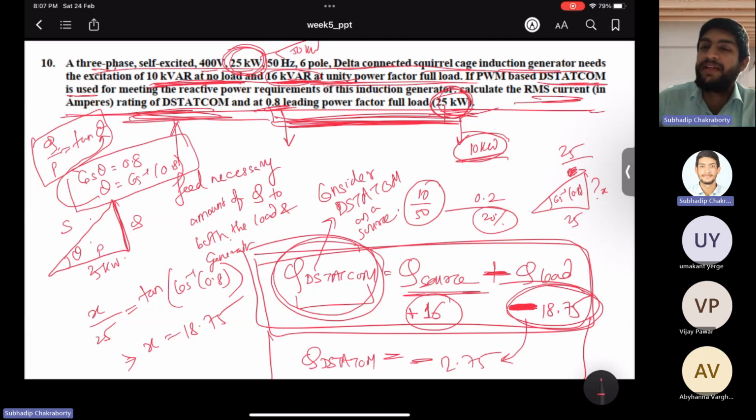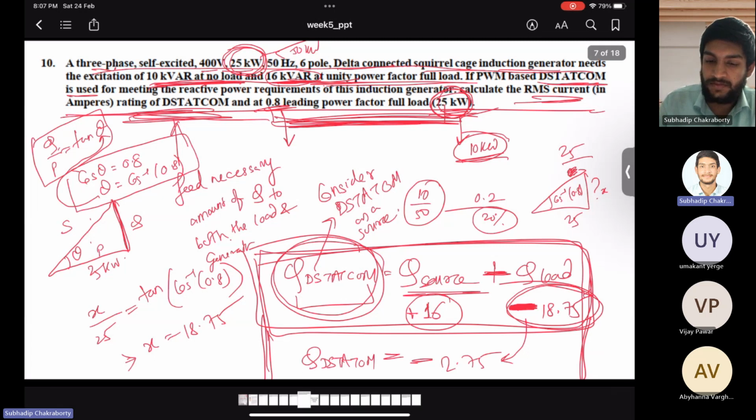DSTATCOM is not supplying, but it is absorbing some reactive power. So here the DSTATCOM is behaving as an inductor if you consider it as a load. Hope this is clear. And if it is a source, that's why it is minus.